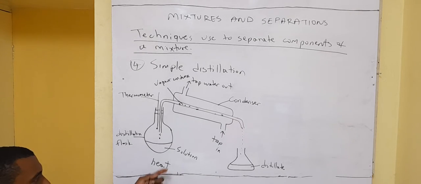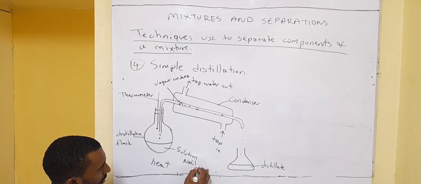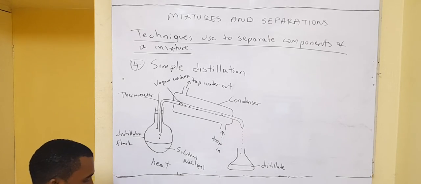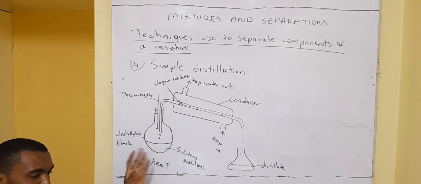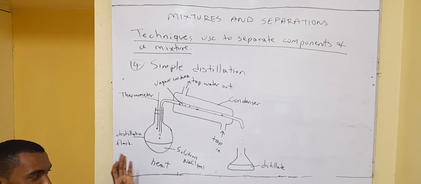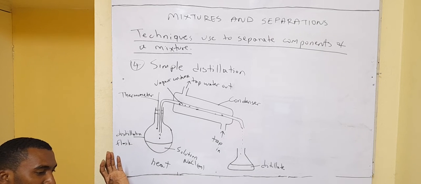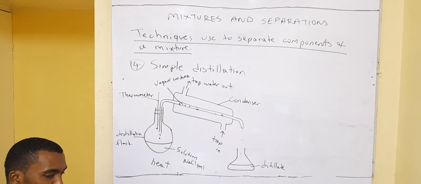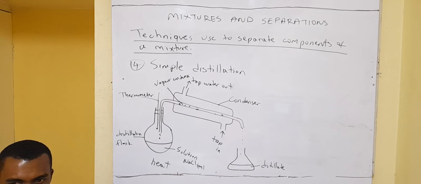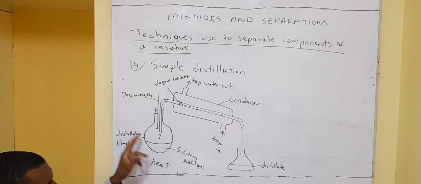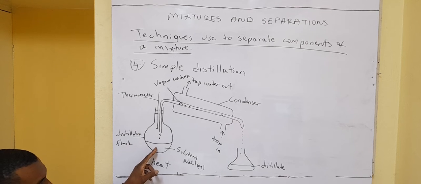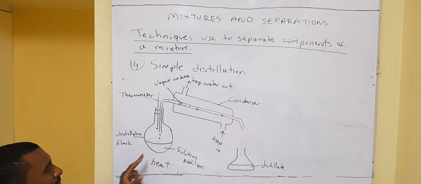So solution here, for example NaCl(aq). As I said before, this uses a solution in which the solute has a much higher boiling point than the solvent. In this case, for sodium chloride solution, water is the solvent and sodium chloride is the solute.